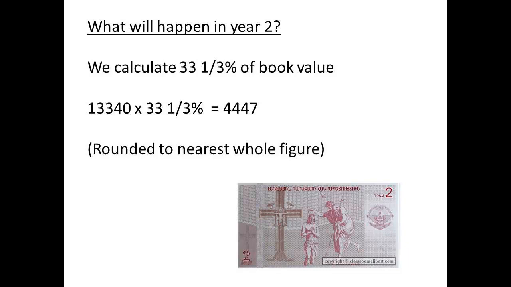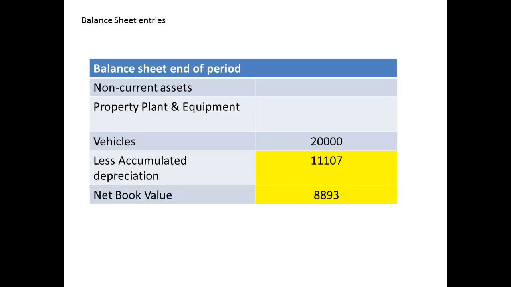What will happen in year 2? We need to calculate 33 1/3% of the net book value to determine the depreciation. This comes to 4,447, rounding to the nearest whole number. We already had a figure of 6,660 for accumulated depreciation.